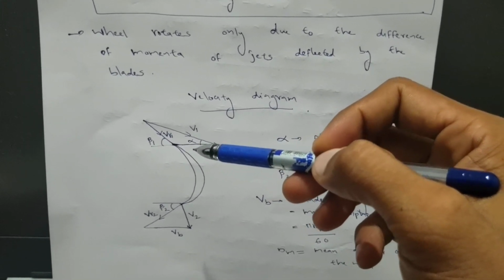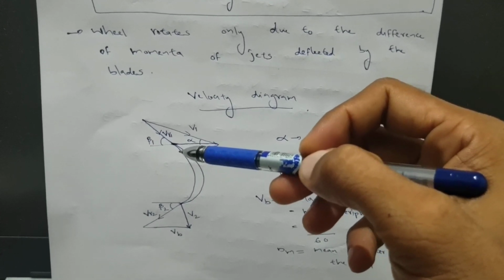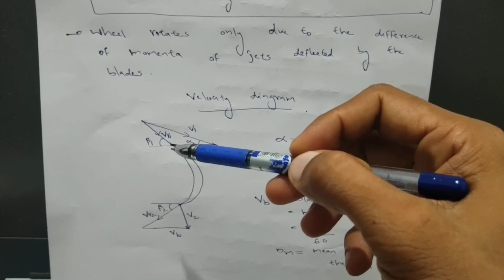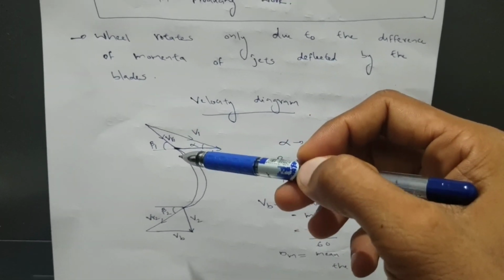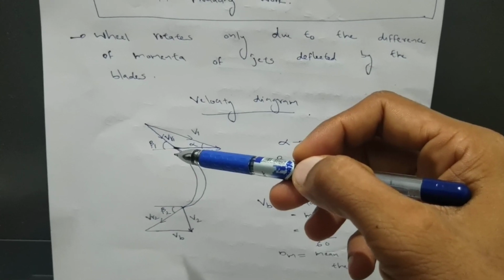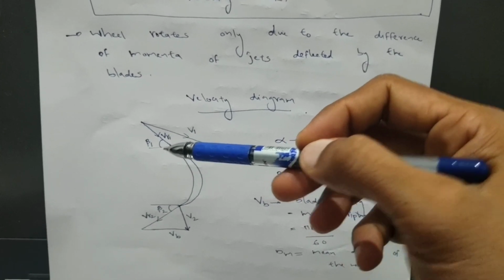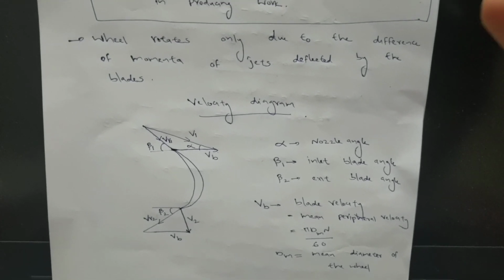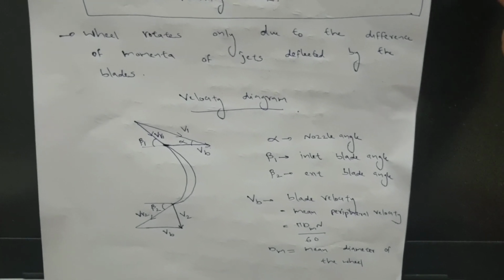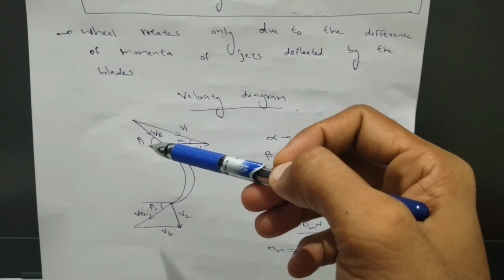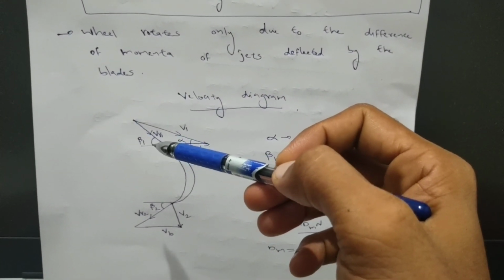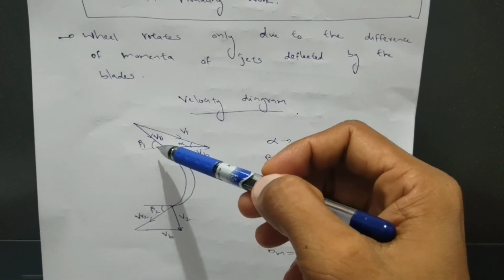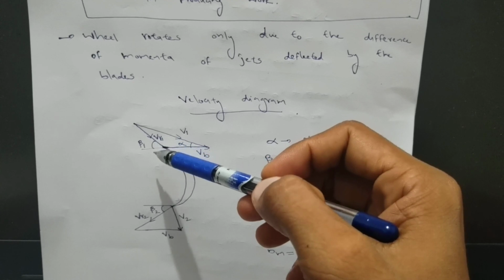So the steam impinges the blade at inlet with the relative velocity vr1, because the blade is also moving. That angle is called the inlet blade angle β1, with respect to horizontal. So this is the inlet blade angle.